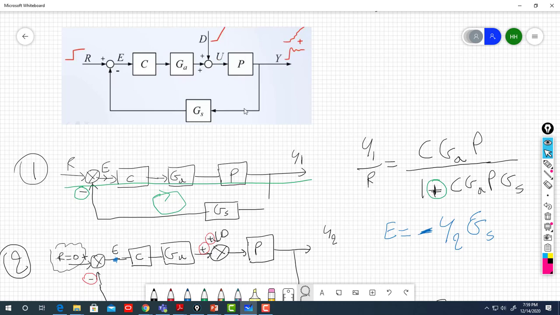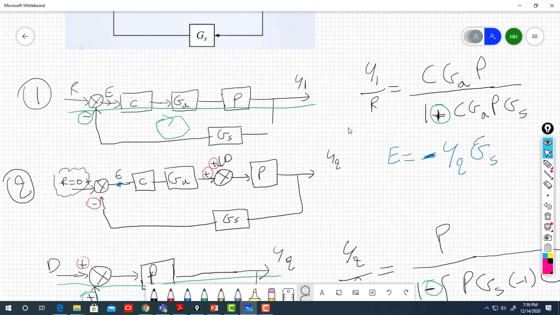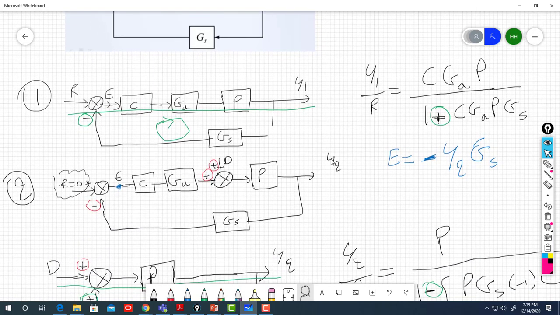We said that because it's a linear system, the output Y is a summation of the two input transfer functions. So basically Y is equal to Y1 plus Y2. In the first one, we take the disturbance equal to 0 and find the transfer function Y1 over R. In the second one, we take R equal to 0 and find the transfer function Y2 over D.